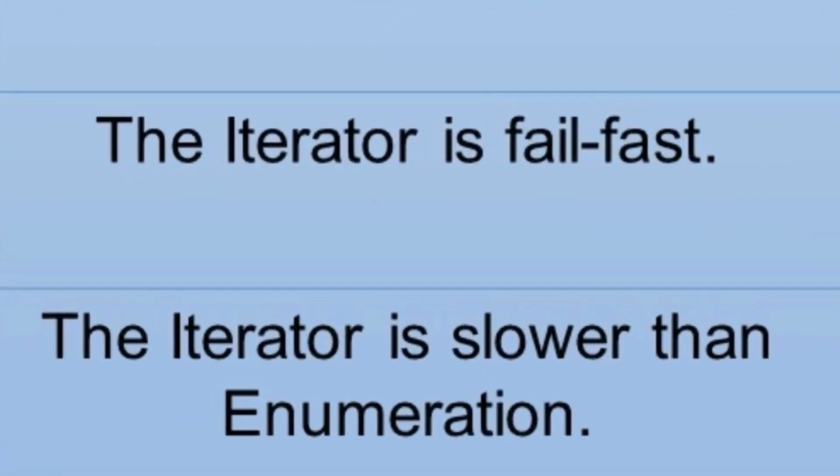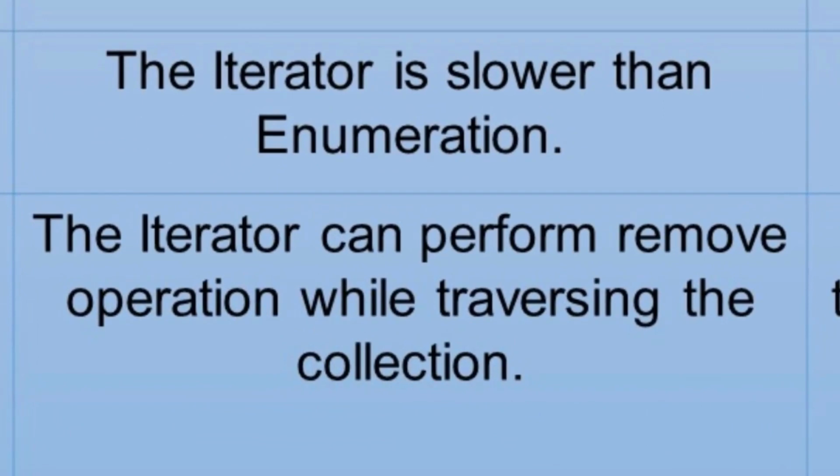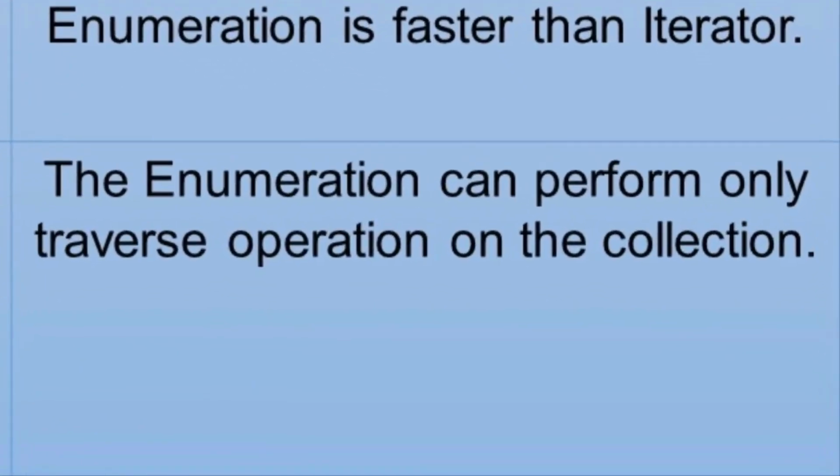The iterator is slower than enumeration. Enumeration is faster than iterator. The iterator can perform remove operation while traversing the collection. The enumeration can perform only traverse operation on the collection.